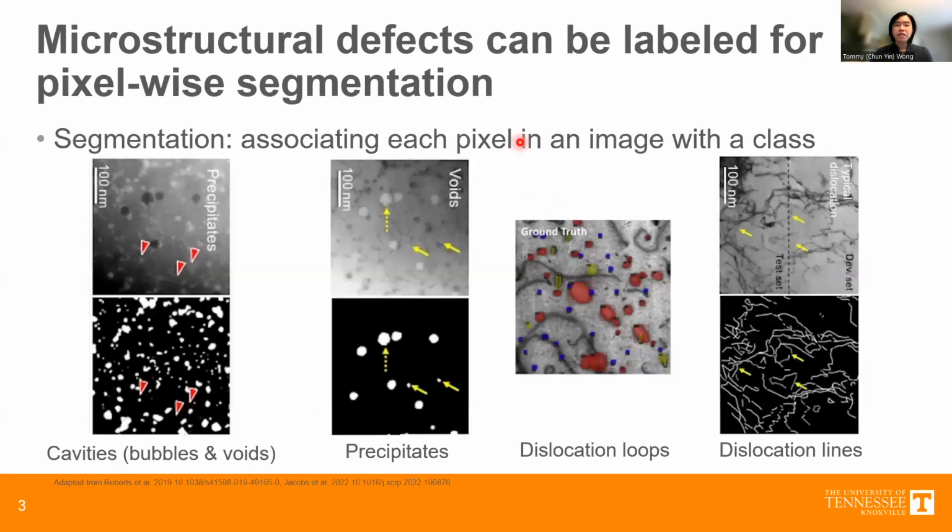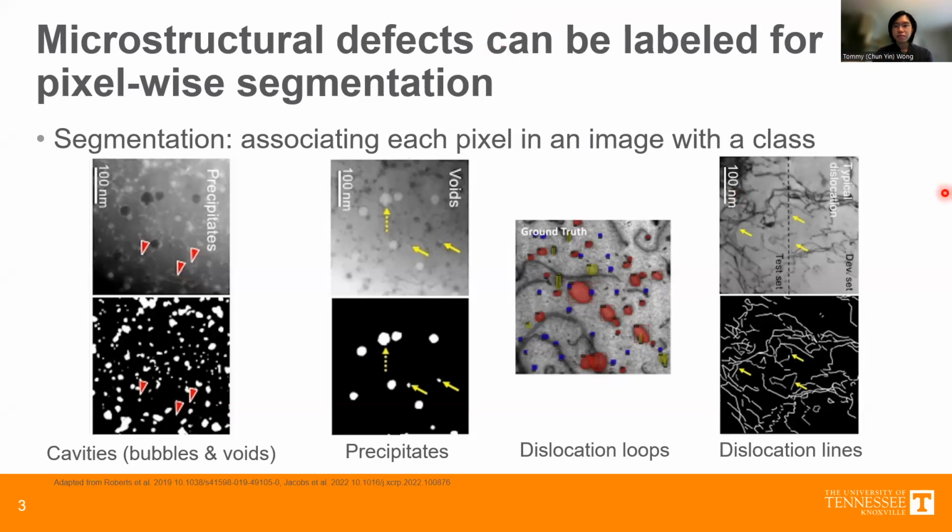So on today's topic, we'll be going over different methods of segmentation in identifying microstructural defects in electron microscopy. My data will be coming from transmission electron microscopy, but it applies to all sorts of microscopy data from STM or SEM or STEM images. And just as a reminder, segmentation just means that we're associating each pixel in an image with a class.